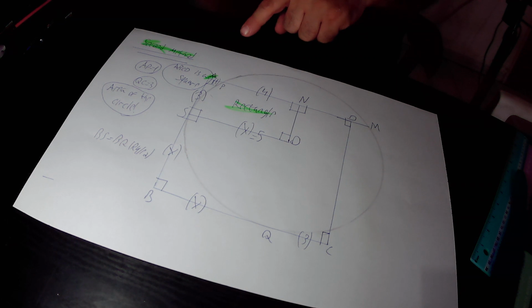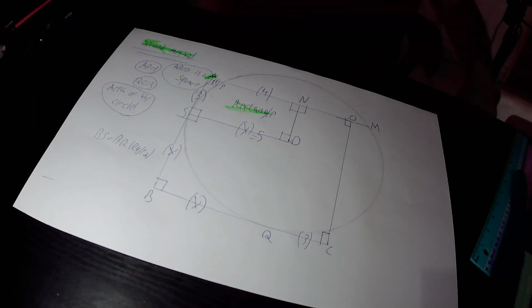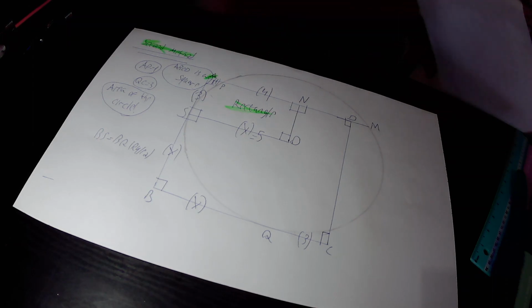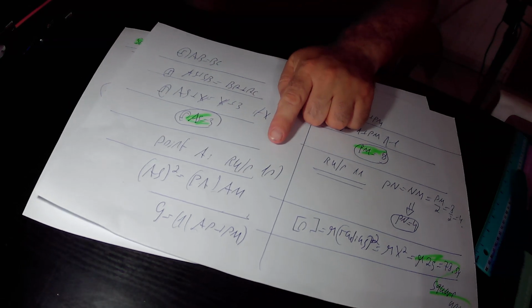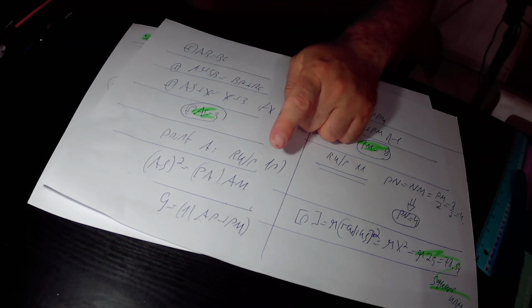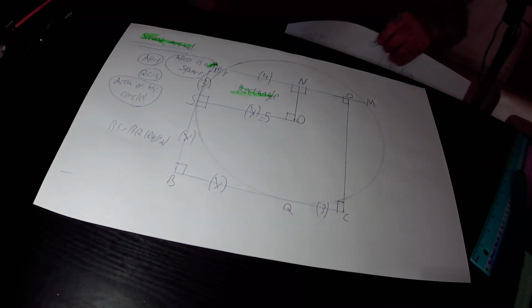According to rule 10, AS squared equals AP times AM. Again, AS squared equals AP times AM. PA is 1 times AM.